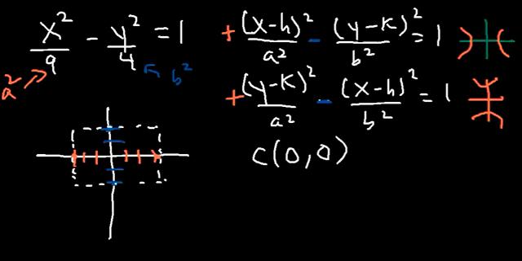And then draw 2 lines. These are the asymptotes. Make sure it forms a diagonal through the rectangle. It has to pass through the center as well. Now, these 2 points are where the graph is actually going to touch.